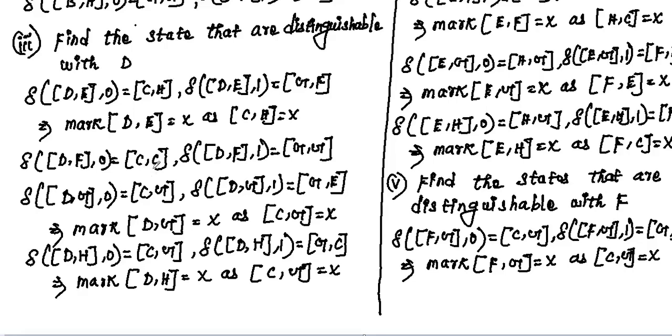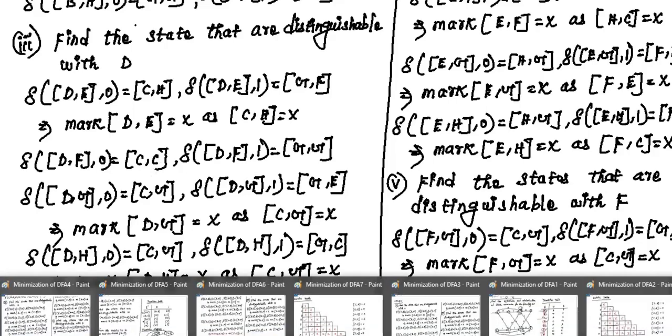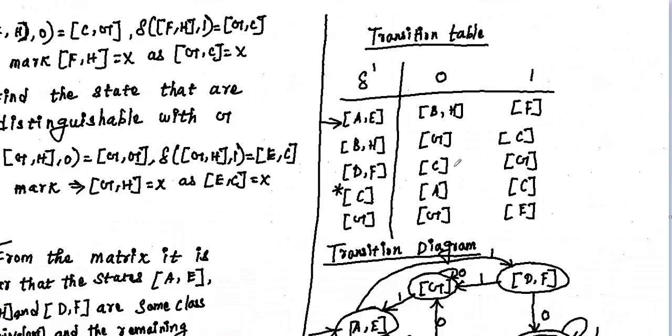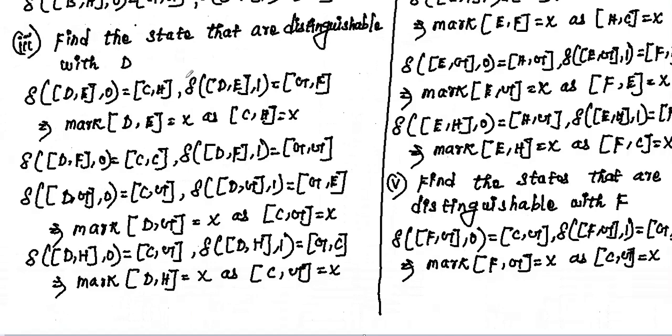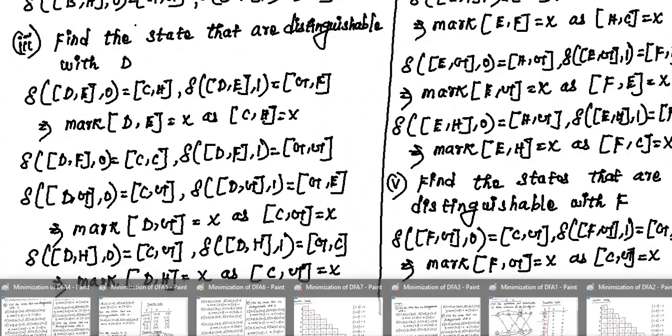CC can be written as C. DF1 is GG, which can be written as G.